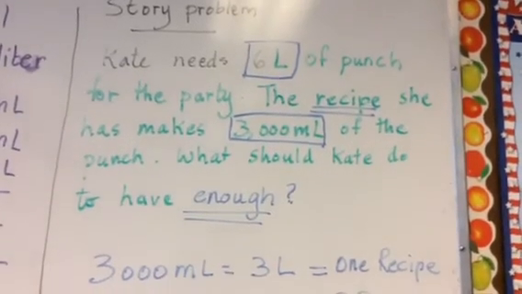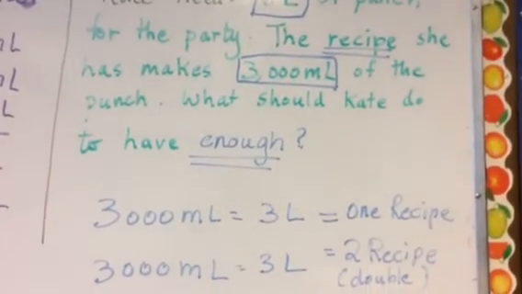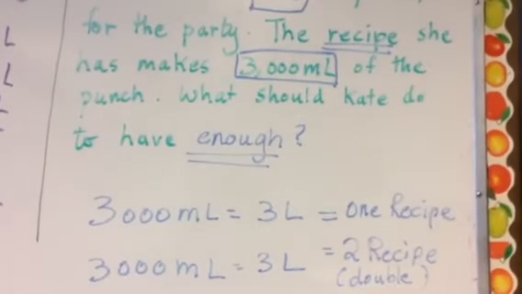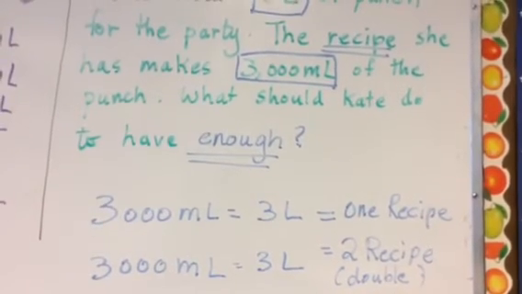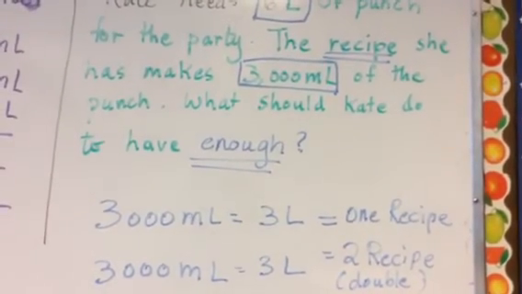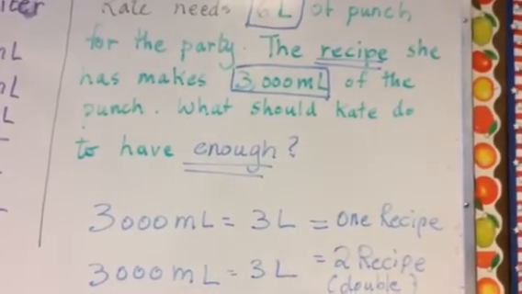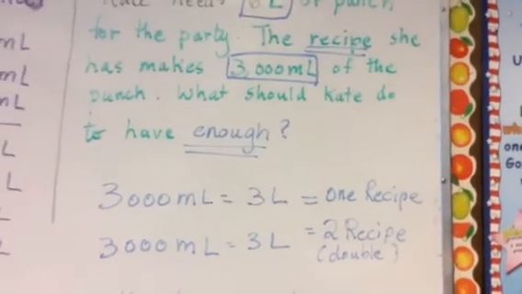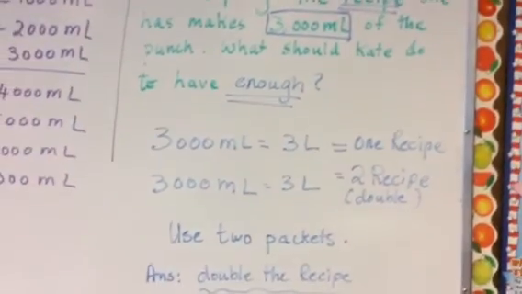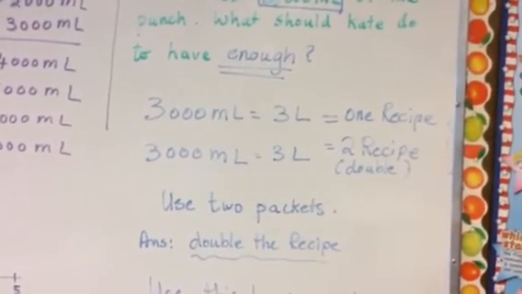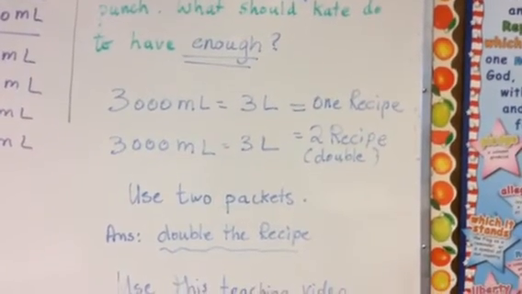So will she use one recipe or 2 recipes? Means 2 packets. Yeah, she will use 2 packets. She will have to double the recipe. Then now she will have 6 liters. That will be equal to 6000 ml. So you may use 2 packets, answer: double the recipe.